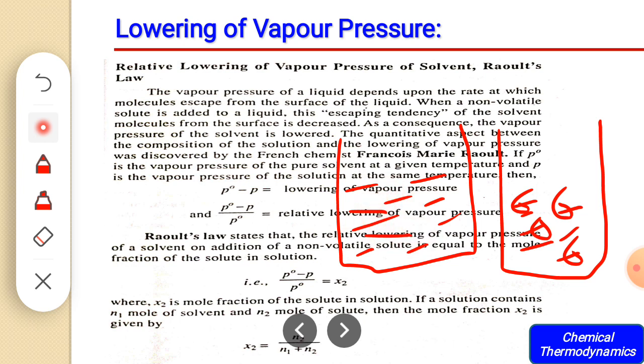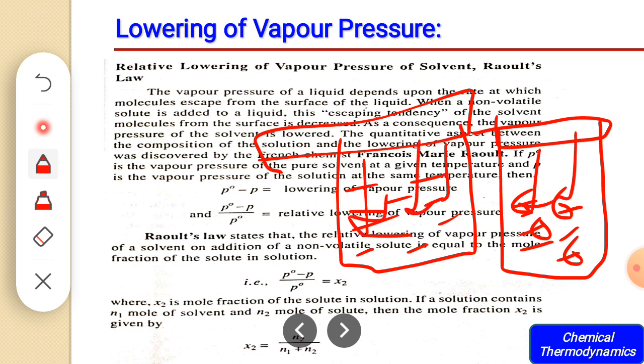What happens whenever these two beakers are closed from outside? From the top, definitely the vapors of the solvent will create some pressure on the surface of the same liquid in both cases.